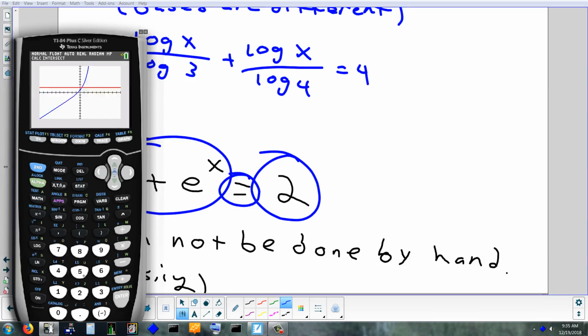I just pick that option, hit enter, and it tells me that they intersect at 0.44, roughly. So my point here is solving something graphically can be super easy, and it works pretty good when you can't use algebra. Right? We don't really get into a lot of problems that you can't use algebra for. The ones on your test will be algebra.